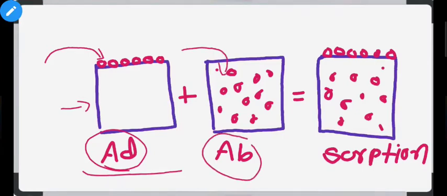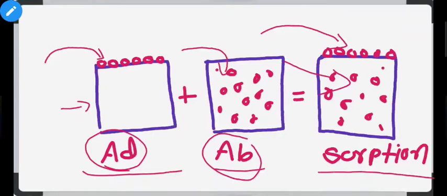The substance is uniformly distributed inside the bulk, so it is called absorption. In the third case, the concentration increases on the surface as well as inside the bulk. That means both processes happen at the same time, so it is called sorption.